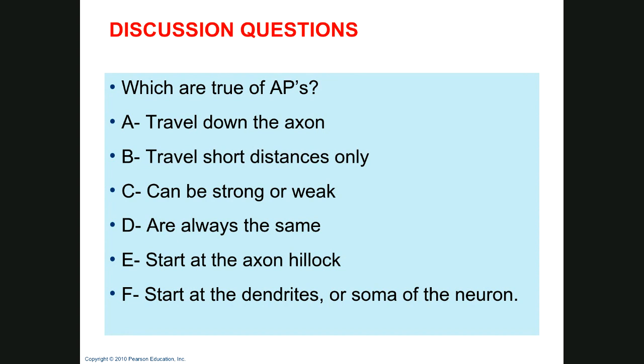Okay, so which are true of action potentials? They travel down the axon. They're always the same. They start at the axon hillock, and that's it.